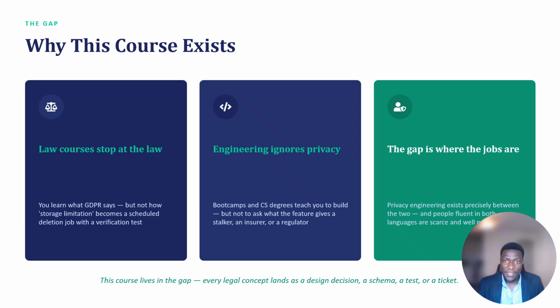Privacy engineering is the discipline that lives in that gap, and the people fluent in both languages are scarce and well paid. This course is built to make you one of them. Every legal concept you meet will land as a design decision, a schema choice, a test, or a backlog ticket, not just theory.